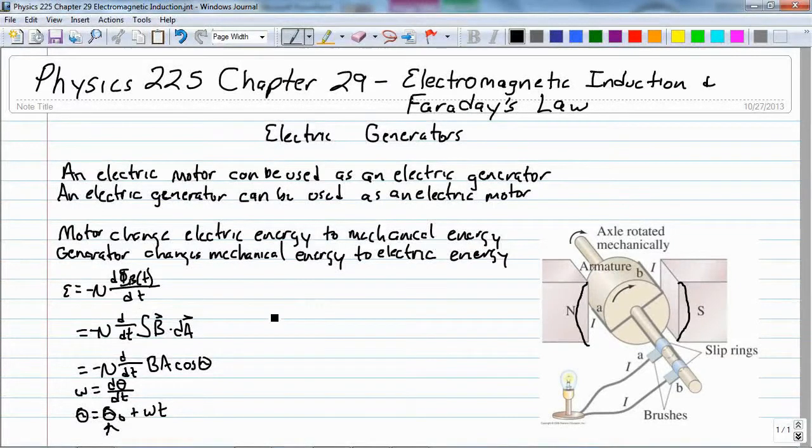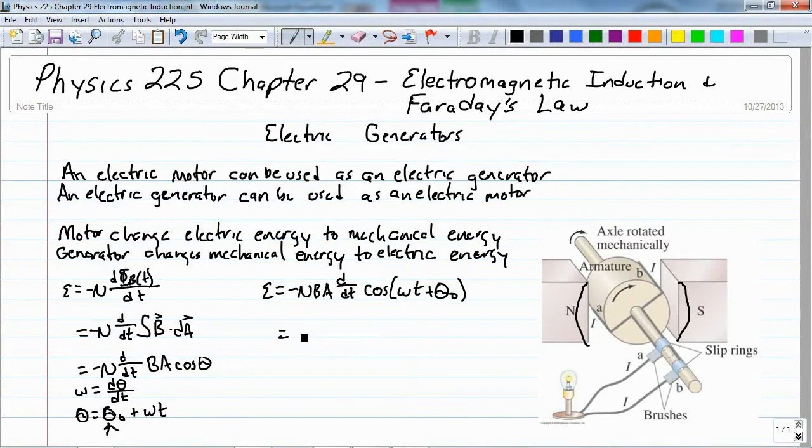Now, because B and A are going to be constants, we can change this to E is equal to negative NBA times the derivative of cosine of omega t plus theta naught.